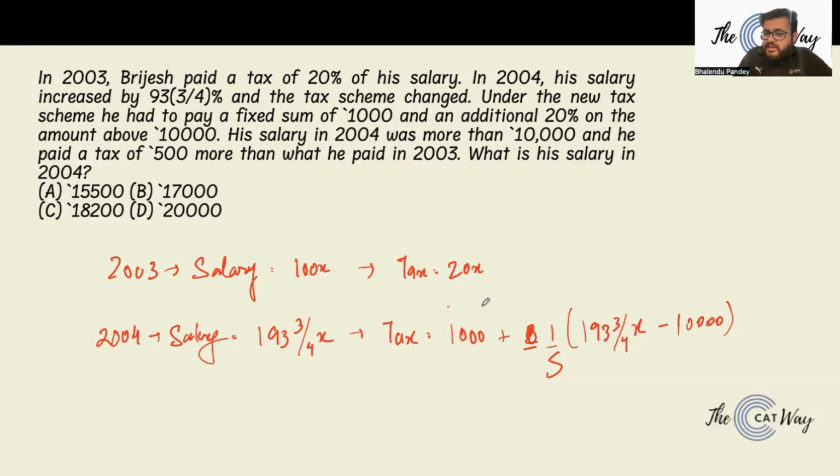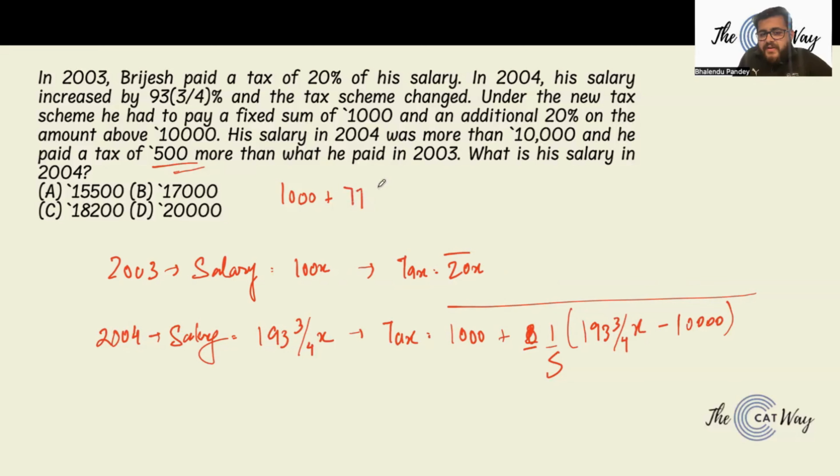So this is the current tax, this is the previous tax. And it has been given that the difference between both the tax values is rupees 500, because this year he has paid 500 more tax. Correct? So the equation you will get is 1000 plus, 193 into 4. 193 into 4 would be what? 19 into 4, 76, so 760; 3 4s are 12, 772, and 3, so 775.